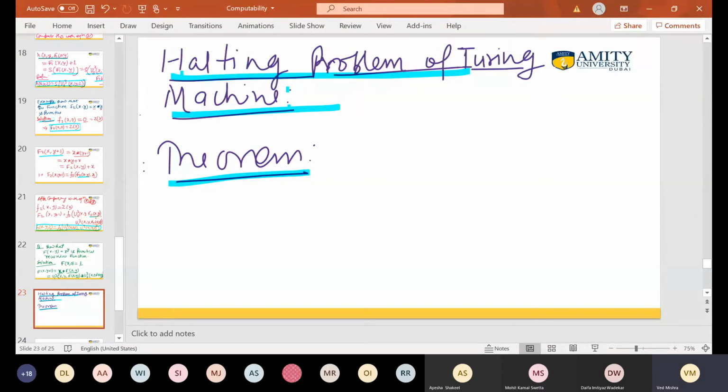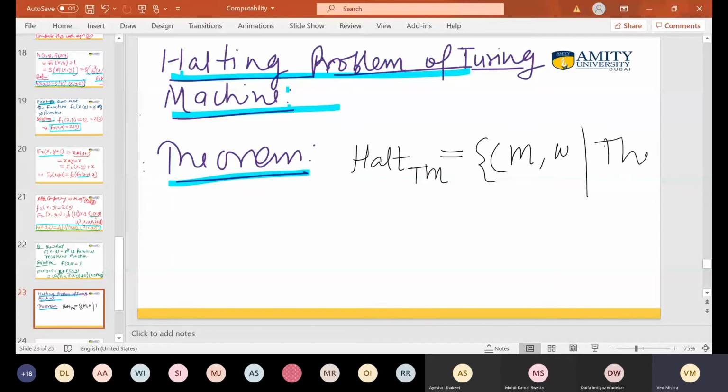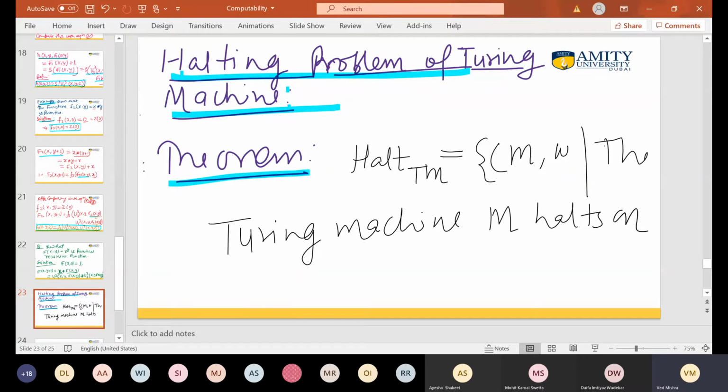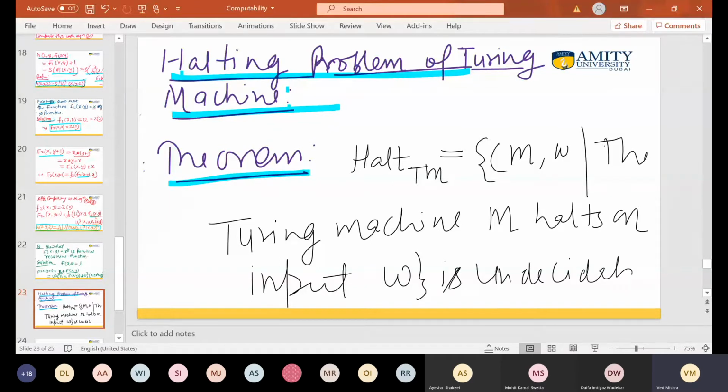So theorem is: halt of Turing machine equal to {(M, w) where the Turing machine M halts on input w} is undecidable. Means you can't say it is accepted or not.